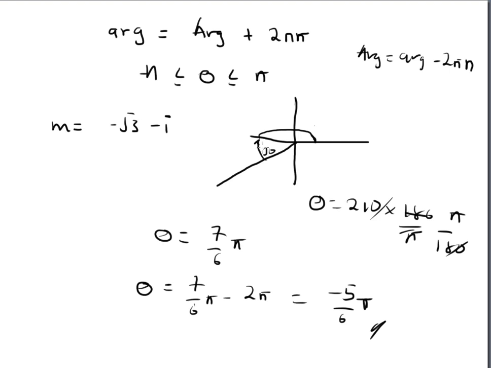Now, the angle over here we calculated by using the formula tan theta is equal to y on x. So we took tan inverse of both sides, so theta is equal to tan inverse of y on x. We did this yesterday in class, that's why I don't want to mention it again.